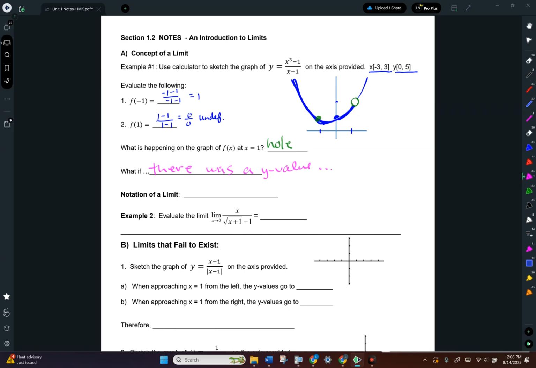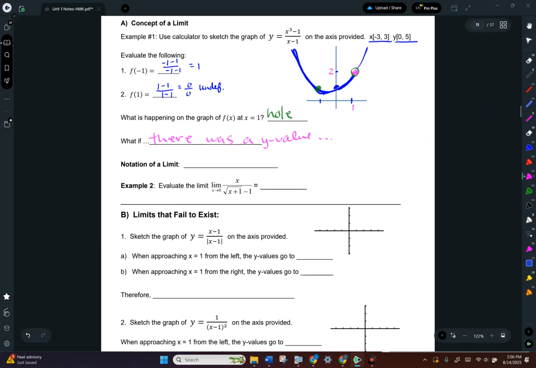If there was a y value, it looks like it would be y equals 2-ish, right? Well, that's what limits are about. It's kind of like predicting a y value, whether there's an actual point there or not. So even though there was a hole and there's not a point there, I could predict that if there were a point there, even though x is 1, the y value would probably be 2.